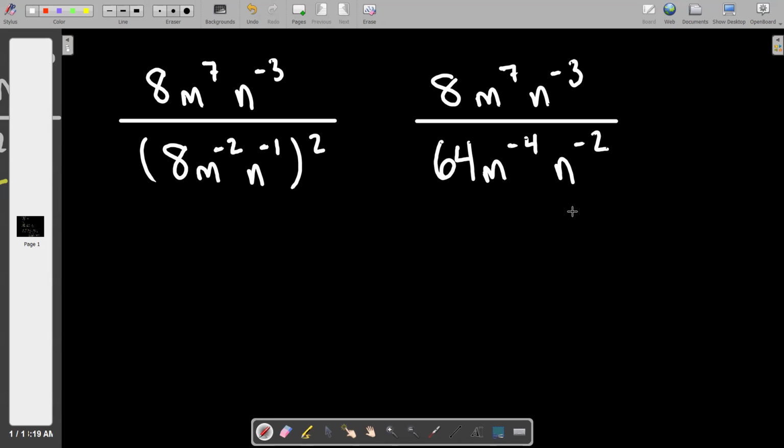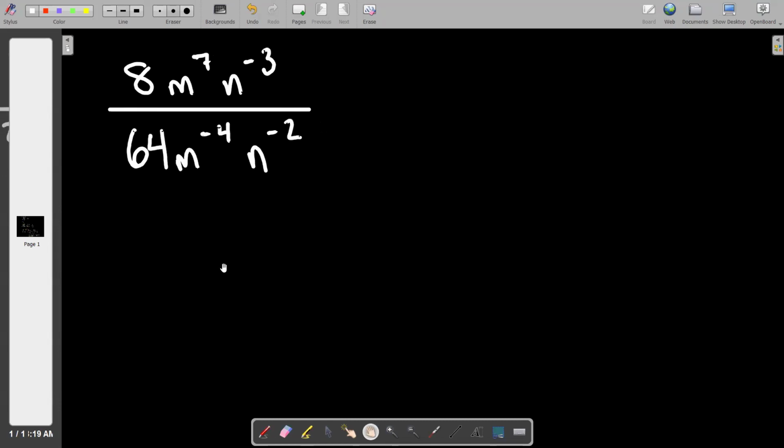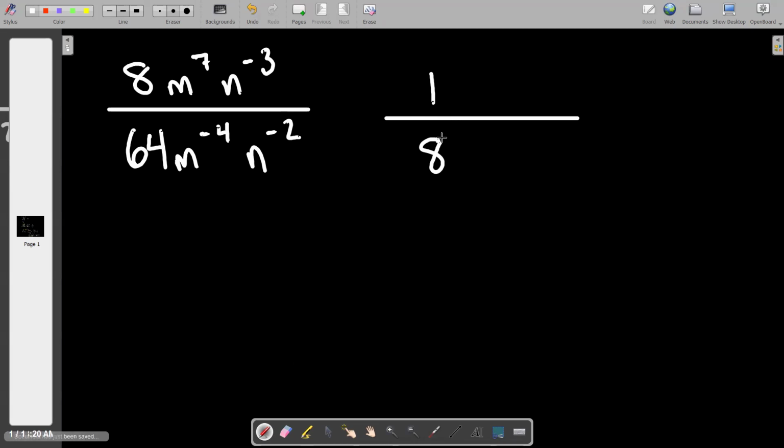We all agree that 8 and 64 can both be divided by 8, leaving us with, and I am going to put a 1 on top, and I am going to put my 8 on bottom. That 1 might go away. If something else winds up to the top, then the 1 will be like, my services are no longer needed here, and I'll erase it. So let's head to the m's. What is the math answer for the m's?